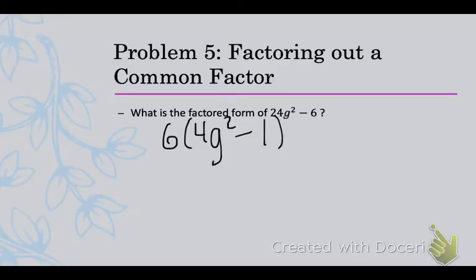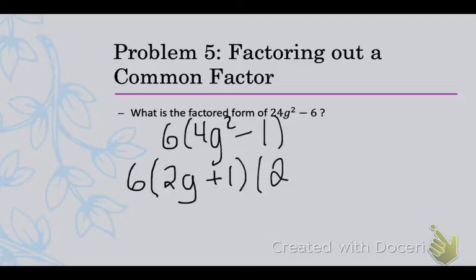From here, this is a difference of two squares. 4 and 1 are both perfect squares. So I'm going to rewrite this as 6 times 2g plus 1 and 2g minus 1. The only difference is I took out a 6 because I wanted to make sure that it was a difference of two squares.